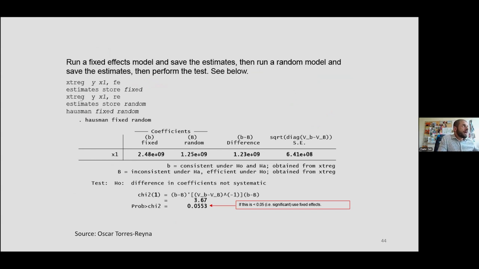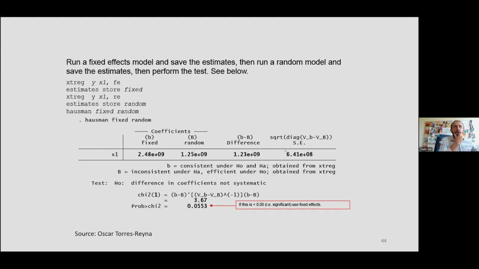And then after XTREG, we store the random effects, and then we write hausman fixed random. So we want to run the Hausman test for the 2 estimations that have been stored, which are the fixed and the random. And as you can see here, STATA will compare the coefficients of the fixed and the random effects, their difference, and their variance.